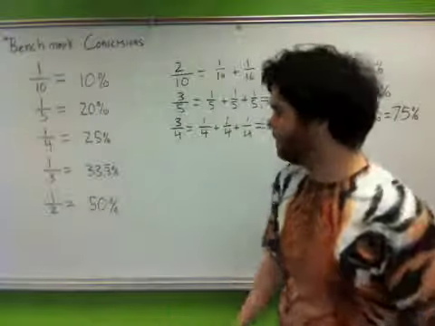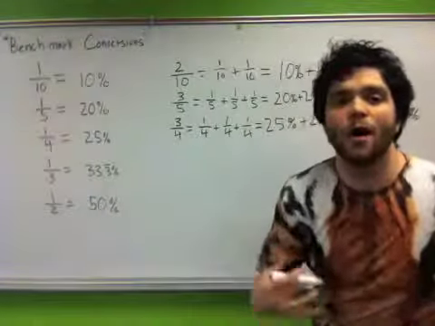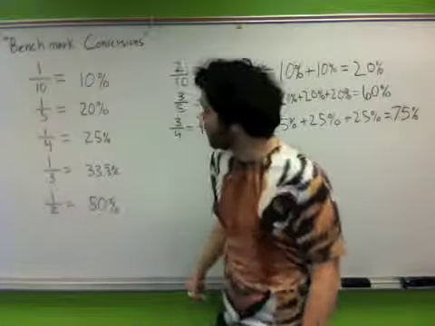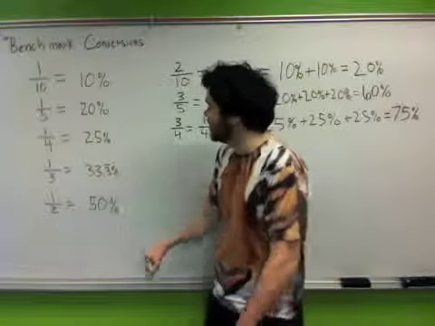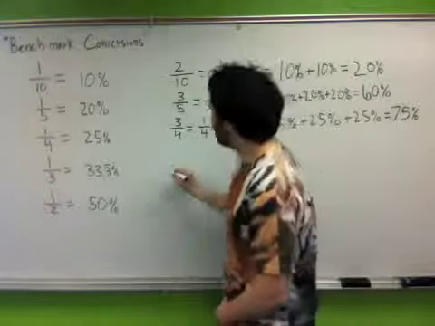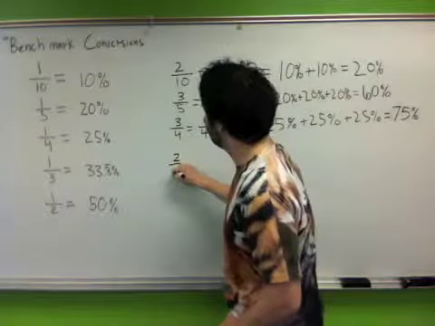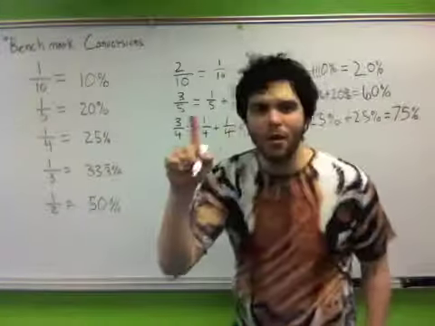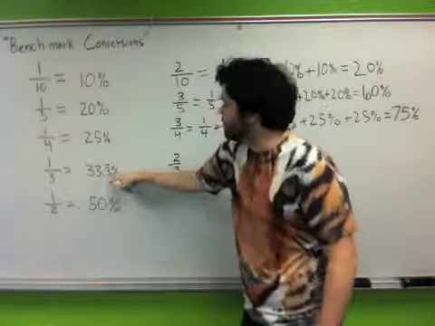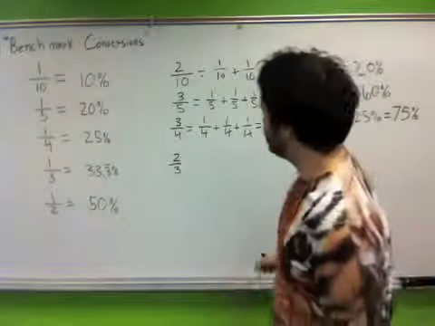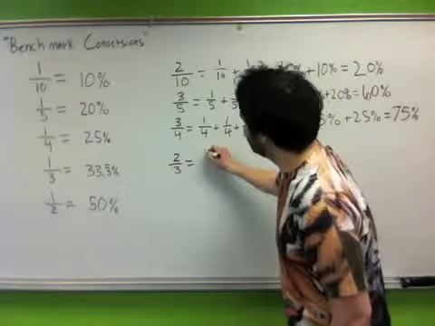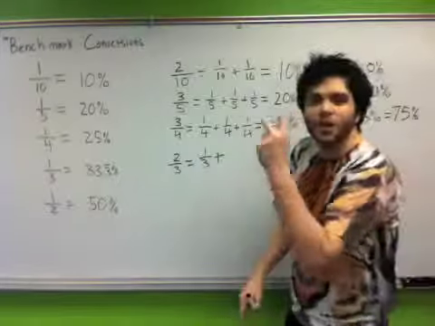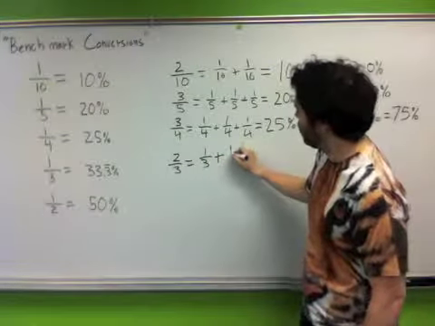Awesome. Let's try it with 1/3. Well, I could have 1/3, that would give me 33.3% repeating. But what if I just had 2 thirds? I know that 1/3 is equal to 33.3 repeating percent. So this is really going to be, you guessed it, 1/3 plus my other third. I've got 2 of the thirds, so I need to get that other one.